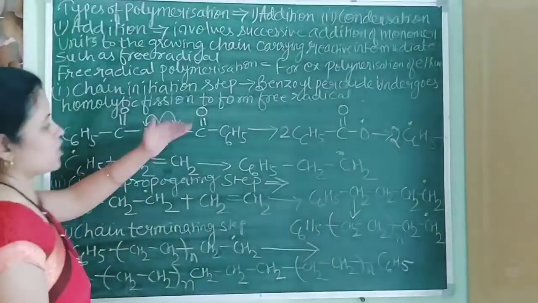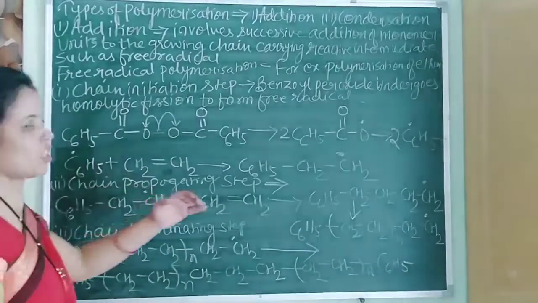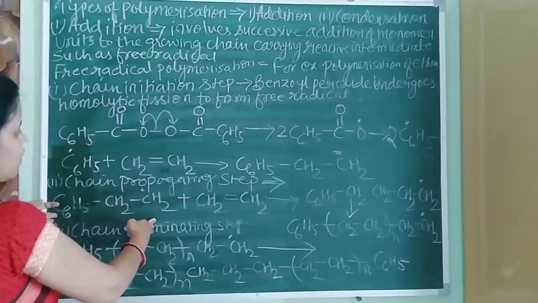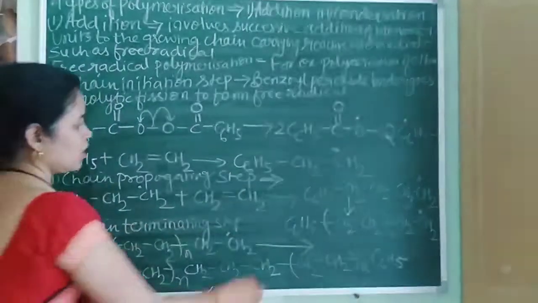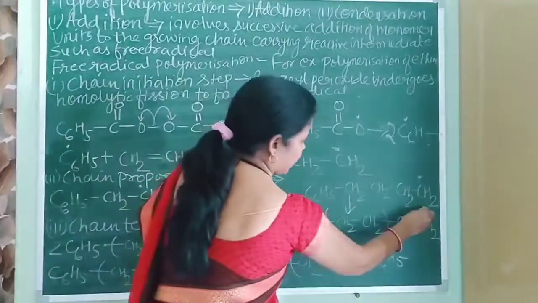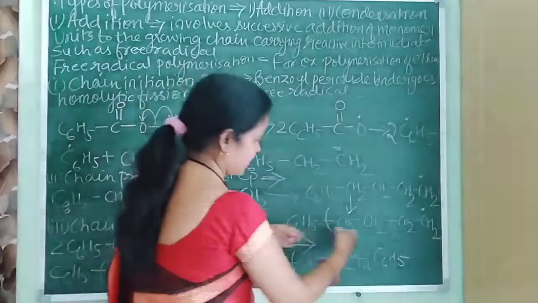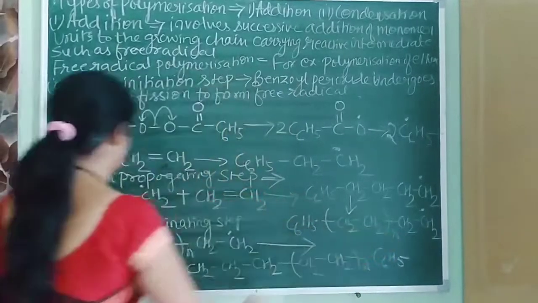So here the chain starts. Now the next step is the chain propagation step. In the chain propagation step, this free radical formed combines with ethene to form another free radical; this free radical is present on CH2, and this is the repeating monomer unit.